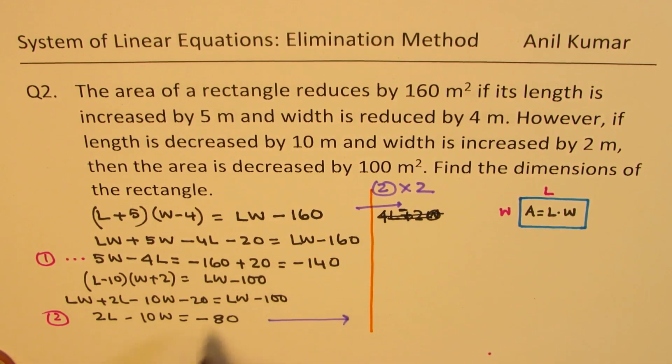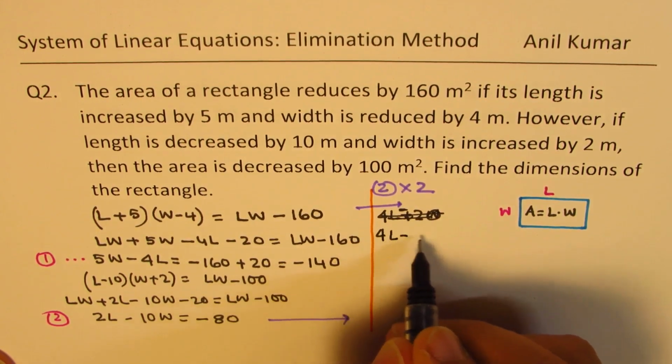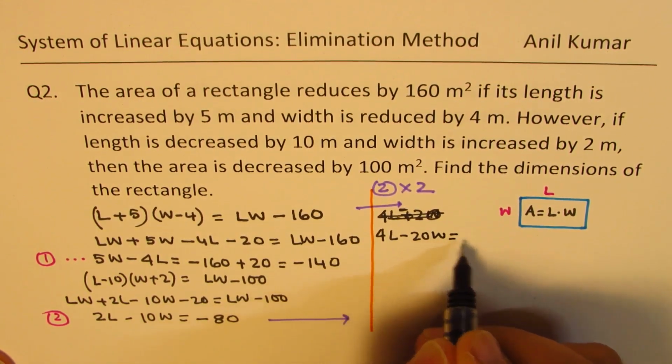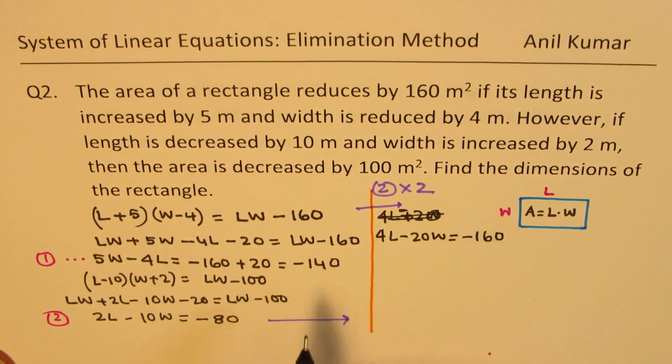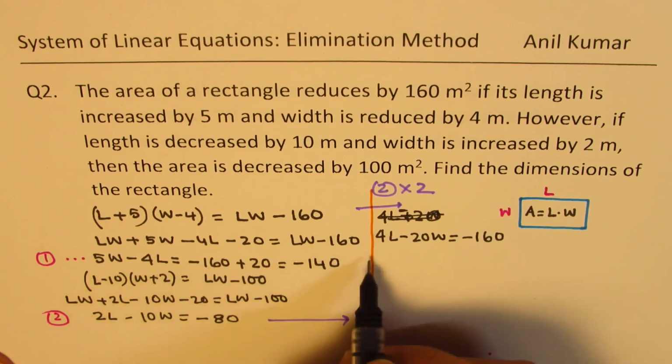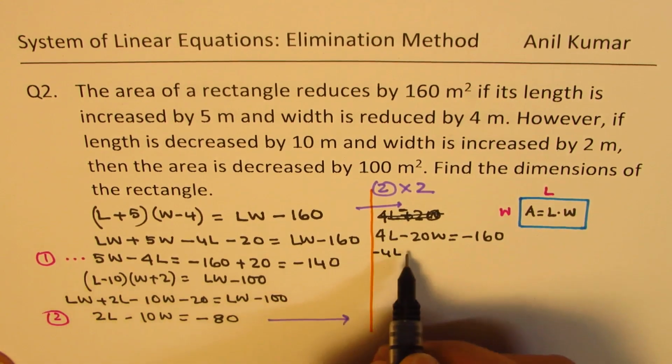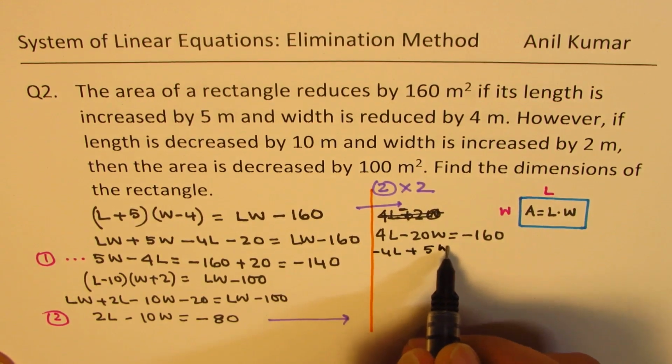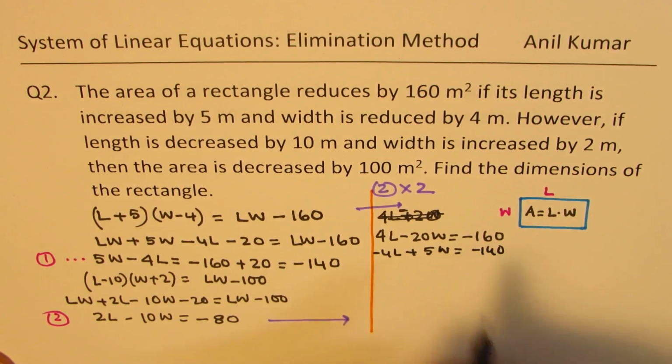When I multiply this by 2, we get 4L minus 20W equals minus 160. We already have the other equation, which is minus 4L plus 5W equals minus 140.